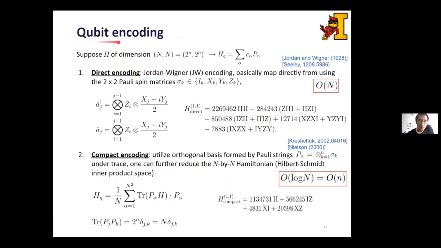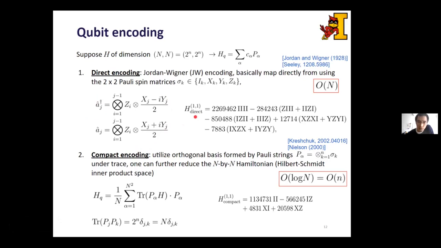And in terms of the qubit encoding, as mentioned, we have looked at the direct encoding. We use the Jordan-Wigner encoding, which basically maps directly using the 2x2 Pauli spin matrices. So we represent the creation and annihilation operators as follows on the circuit.